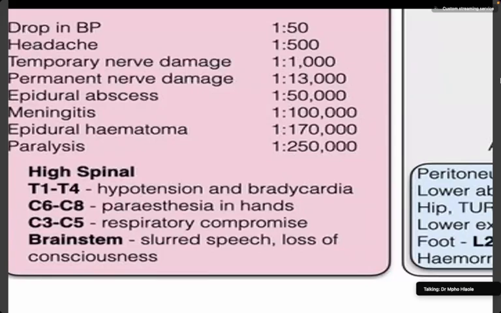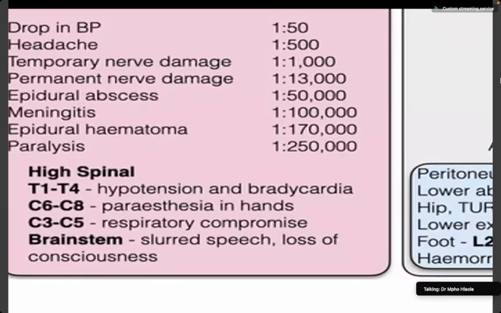It starts blocking nerves that we don't usually want, because we usually want around T10, T6 to be blocked. But anything higher than that, remember that T4 is around your nipple area. It's around where the bifurcation of the trachea happens. So if the blockage is around T1, T4, that's quite high. And that's where your heart is lying as well.